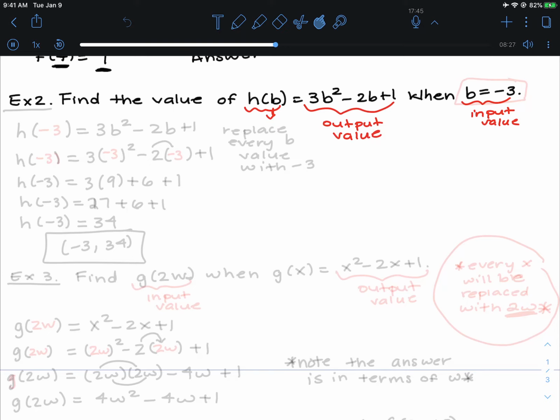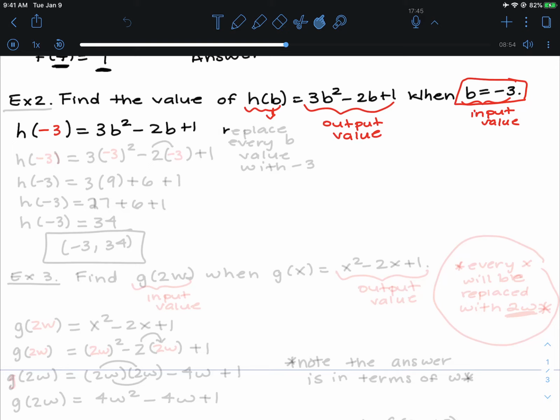So let's go ahead and rewrite this where I replace b with the value of -3. So do notice the different ways that they've written these problems, right? So we're going to go ahead and we're going to get h of -3 equals 3b squared minus 2b plus 1.